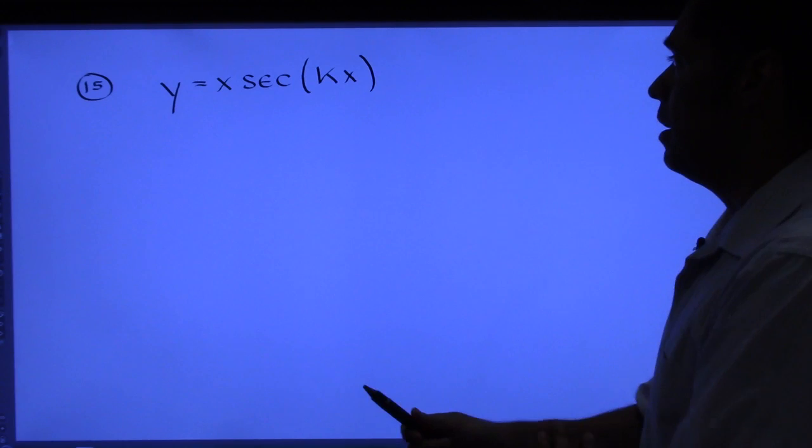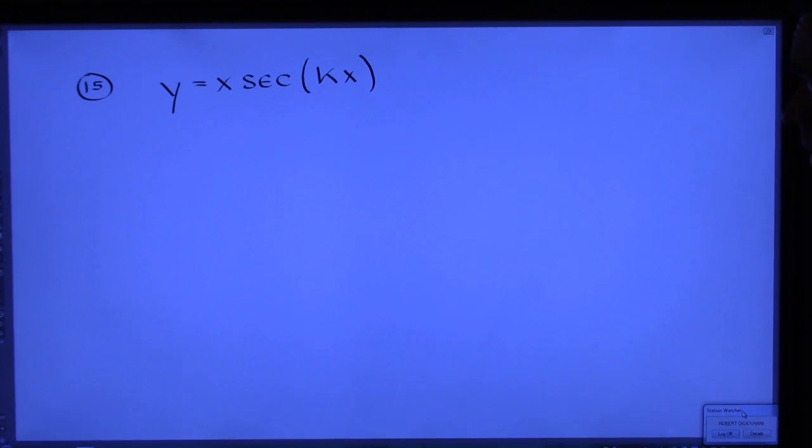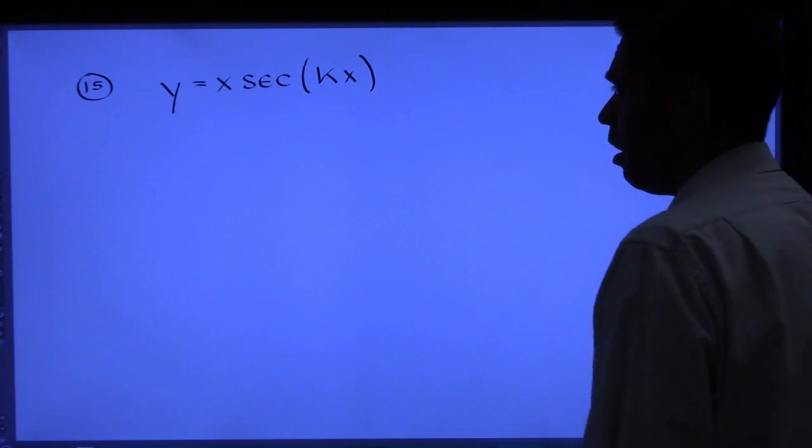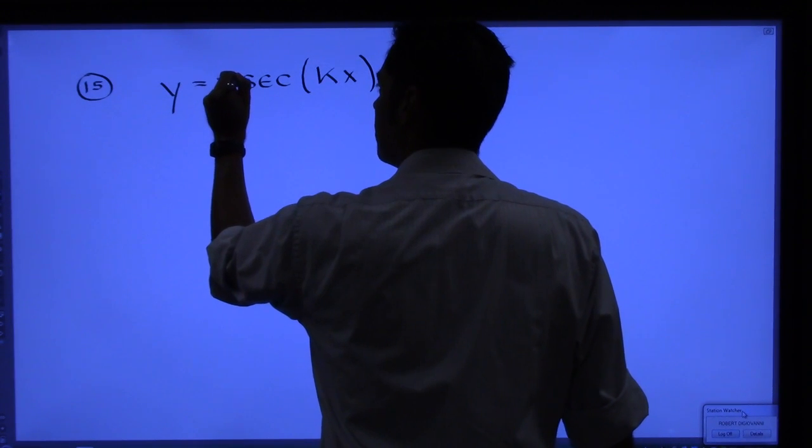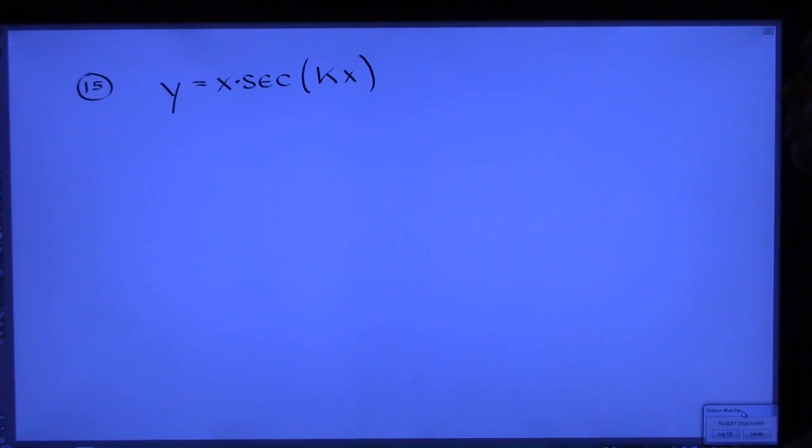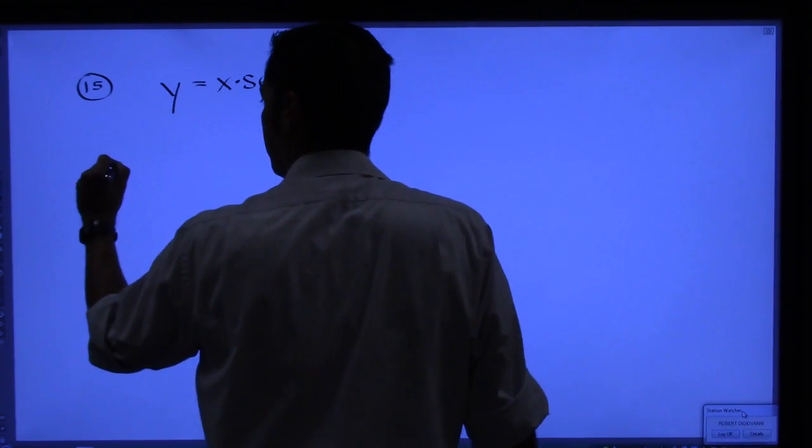So what do we have going on here? Well, we have a product rule, actually, right here. There's a product, okay? So we need to treat this as a product and apply the product rule. So hopefully you're comfortable with that.